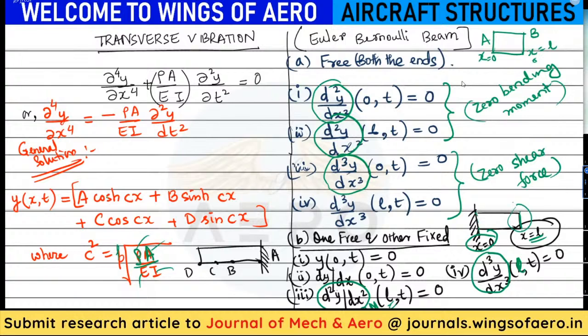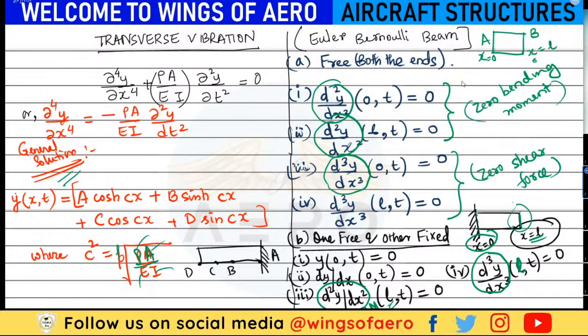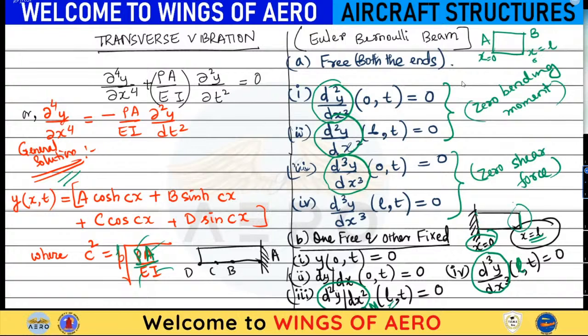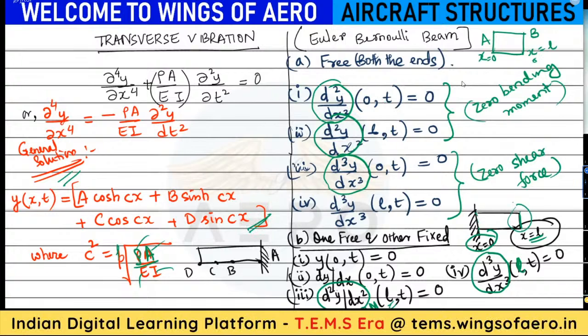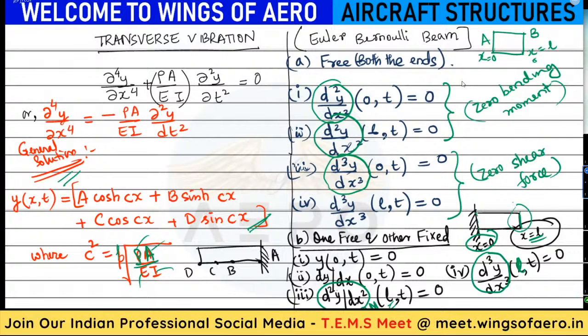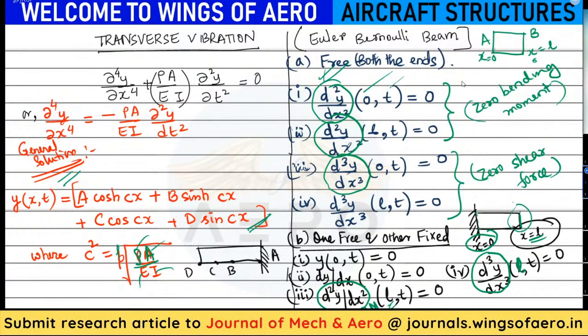Now you know this equation, that is y of x comma t is a function of a cosh cx plus whatever it is. You have to differentiate that partially twice. If it is a free end, you have to differentiate it twice, then substitute x equal to 0 and equate to 0.